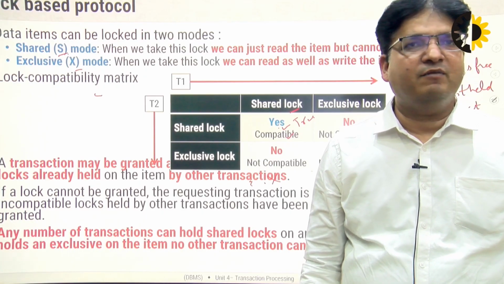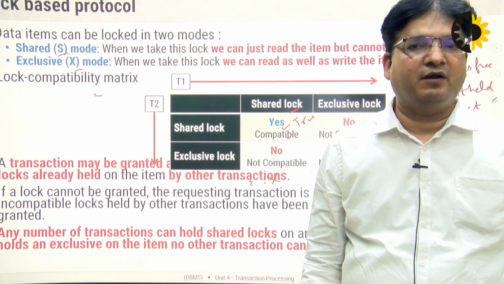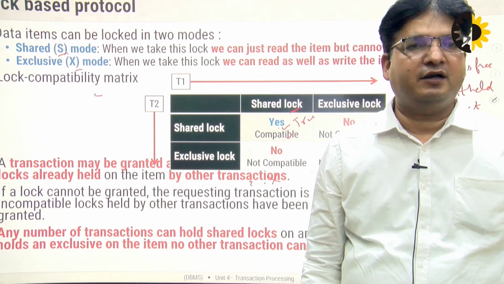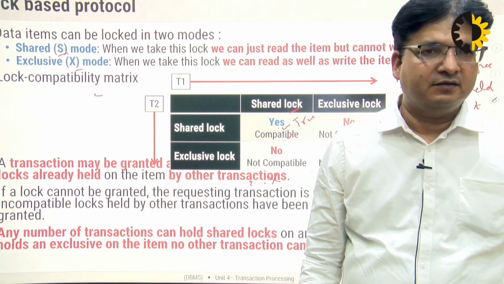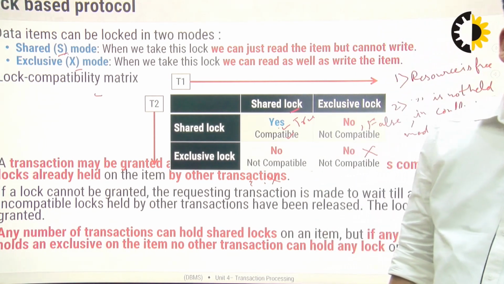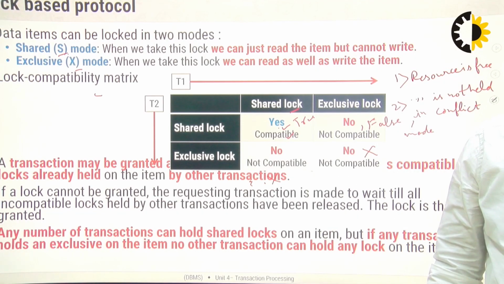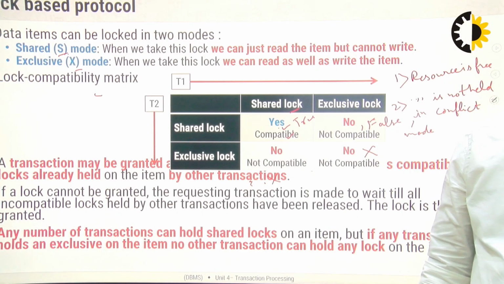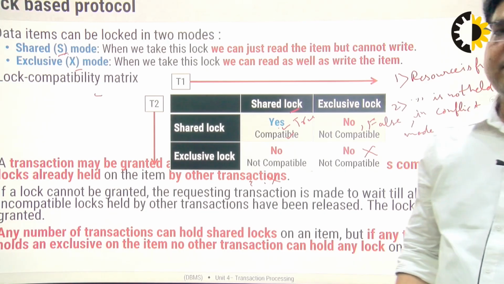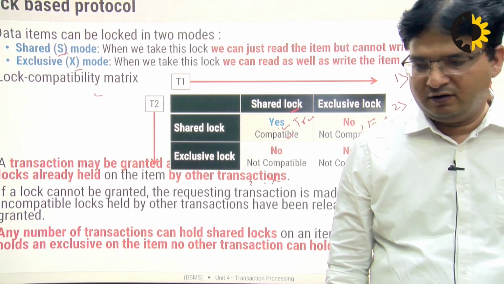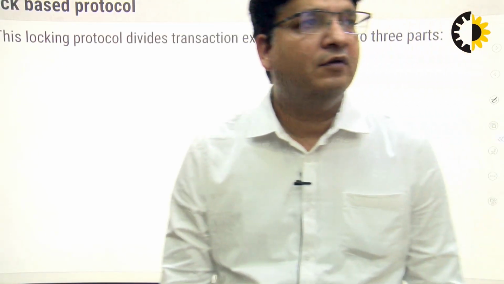So any number of read operations can be allowed if a particular data item has only the shared lock. But if it holds an exclusive lock, no other transaction will be given permission to access that particular data item. Now let us see some more things about this protocol.